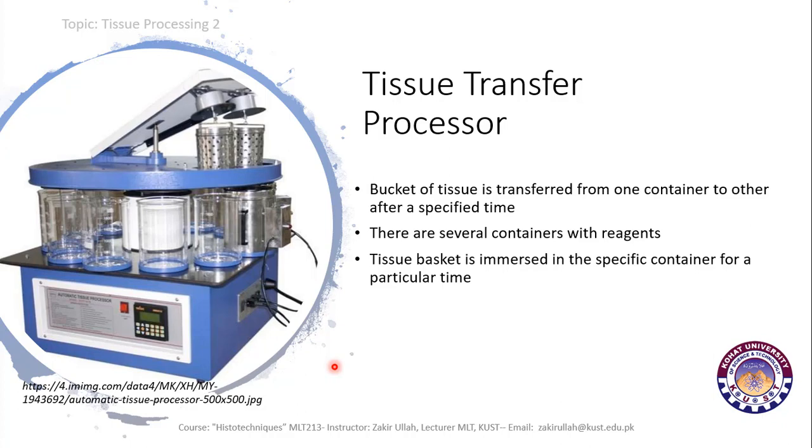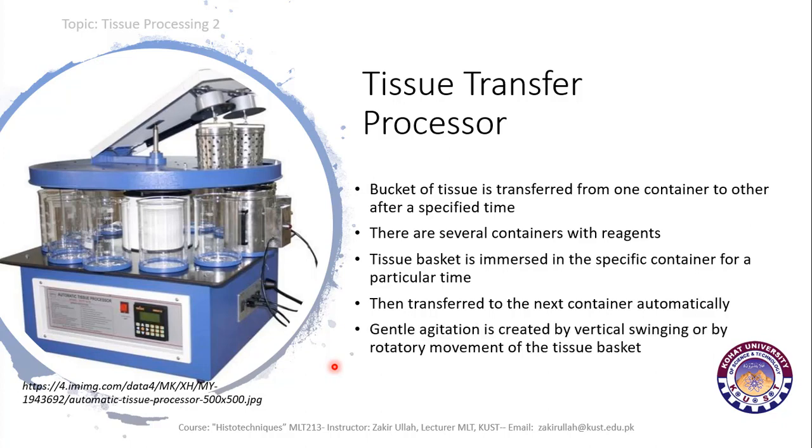Just as we discussed in the previous slide, for fixation and dehydration we have one jar of 70% ethanol, then 2 changes of 90% and 2 changes of absolute alcohol, then 2 changes of xylene and 2 changes of paraffin wax. Then it is transferred to the next container automatically after the specific time period is over.